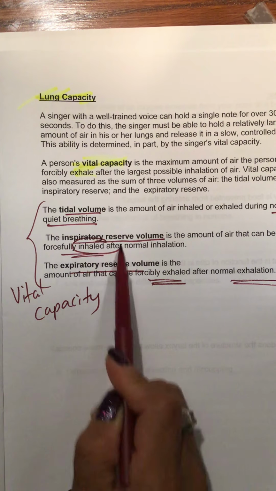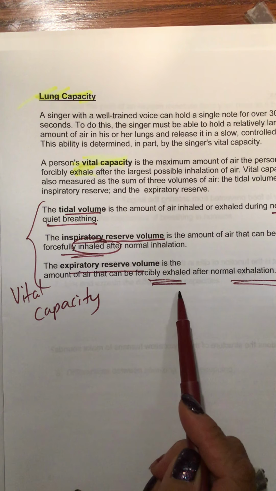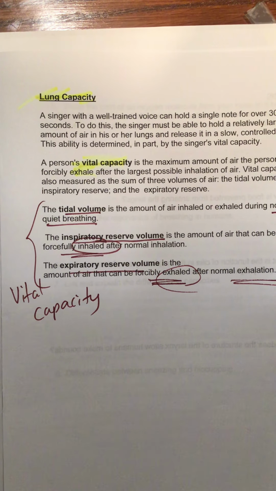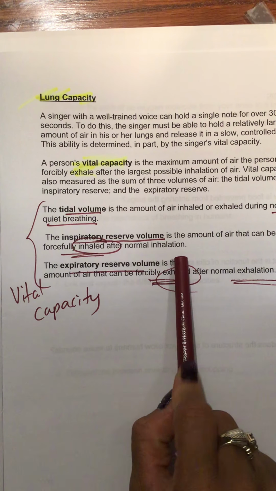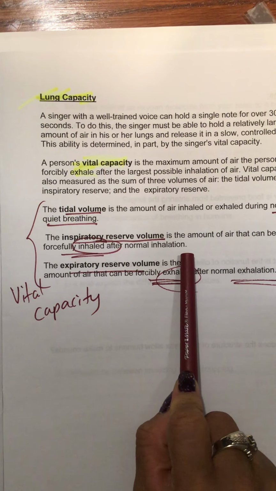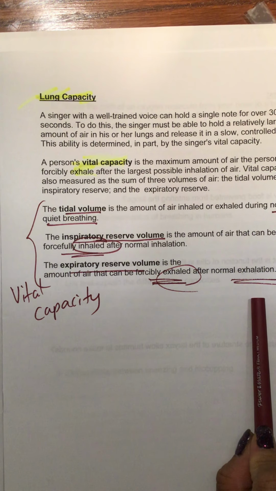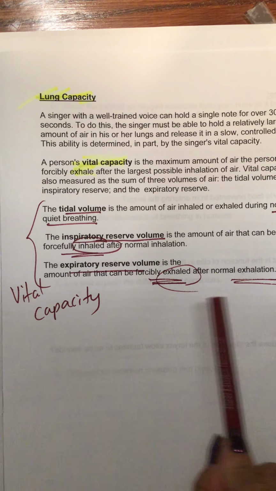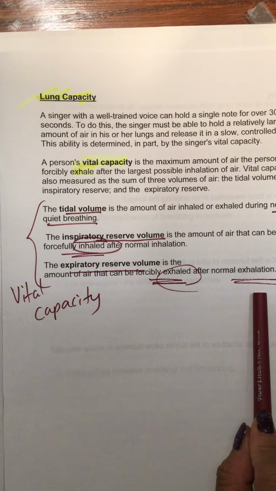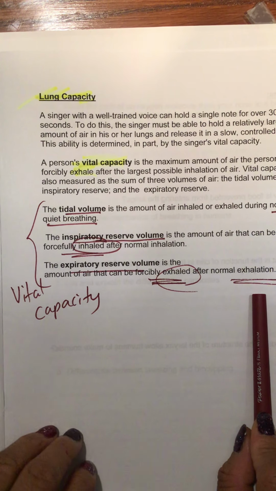So the inspiratory is what you can forcefully inhale after you breathe in some air. And this one is what you can forcibly exhale after you've already breathed out.